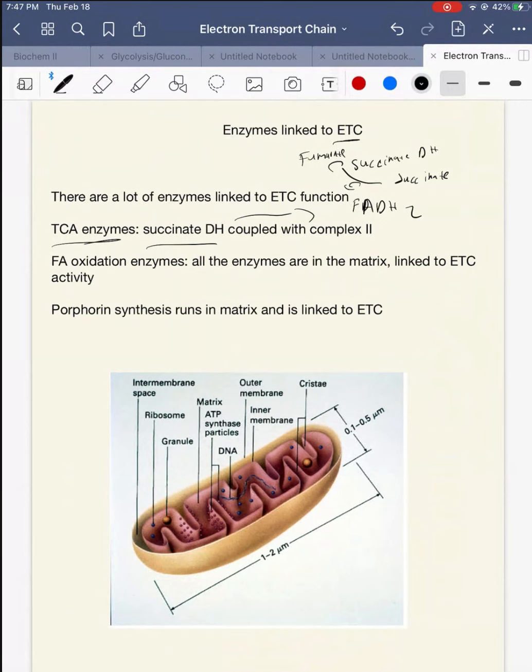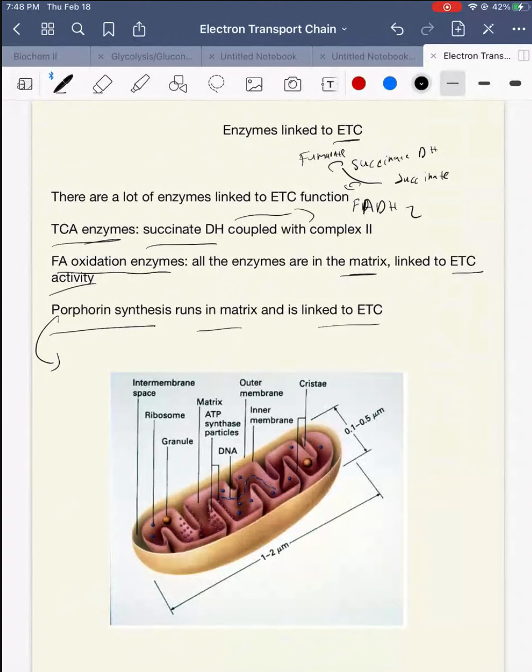When we go over fatty acid oxidation, we'll see that fatty acid oxidation happens actually inside the matrix. So most of the enzymes in fatty acid oxidation are also linked to ETC activity. And then porphyrin synthesis runs in the matrix, and it's also linked to ETC. This is the synthesis of heme groups and stuff like that.